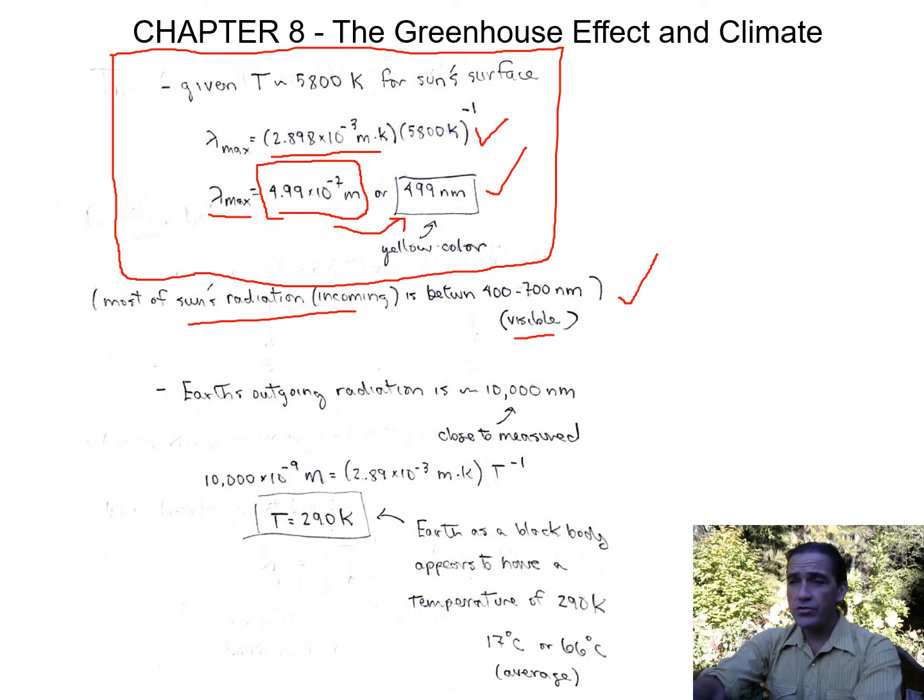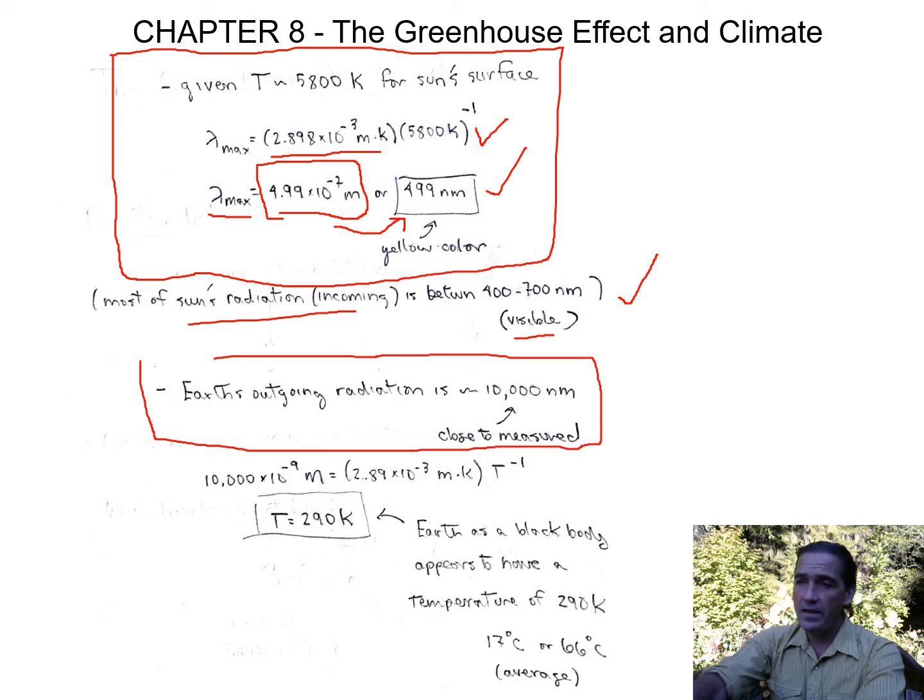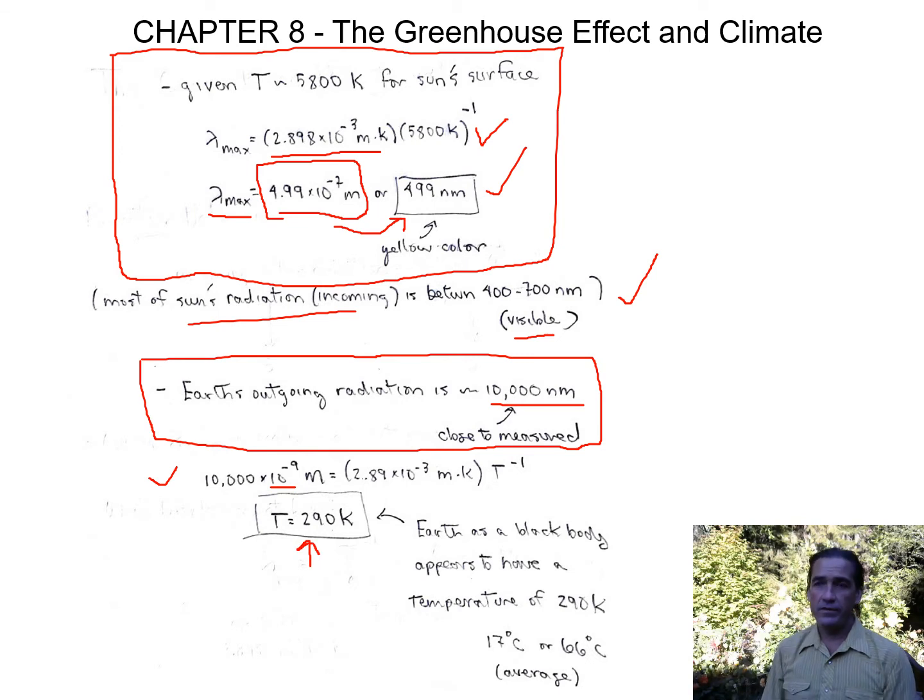And so now let's treat the Earth as a black body. It is radiating all wavelengths, let's say, but its maximum wavelength that it is radiating is 10,000 nanometers. And that is what I got from the previous figure. When I put that into Wien's law, note that I change it into meters, I get a temperature of 290 Kelvin.